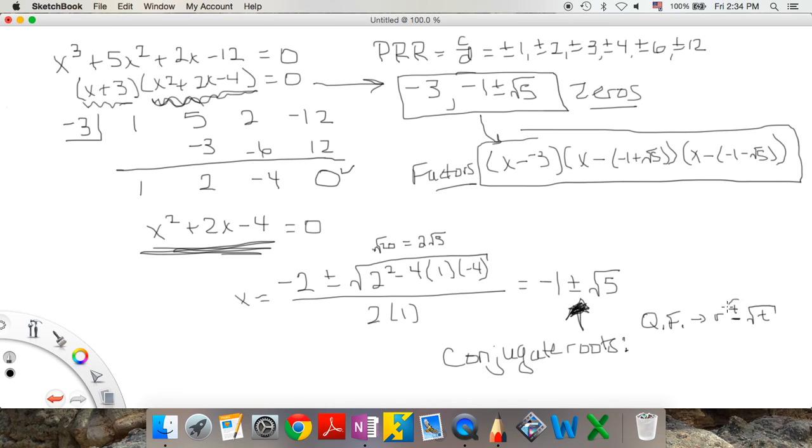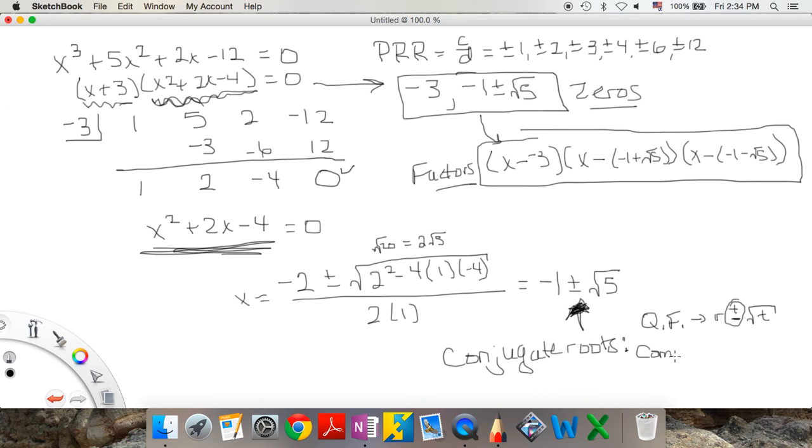But you always have this plus or minus in here. So that's two different roots, two different zeros, two different factors. They have to go together. You can't have, in this case, negative 1 plus the square root of 5 but not negative 1 minus the square root of 5. That doesn't work. You have to have the plus or minus.